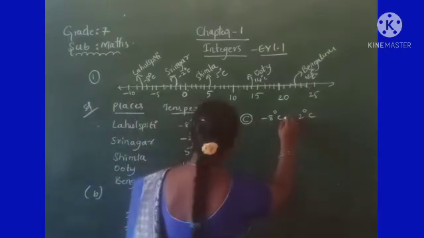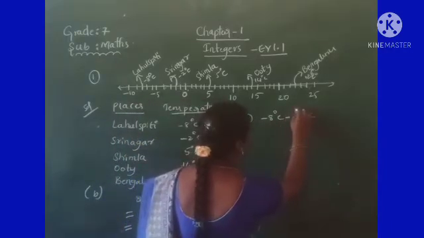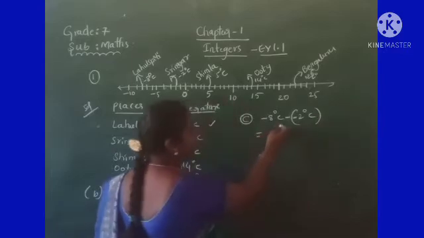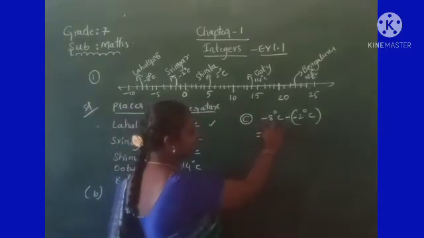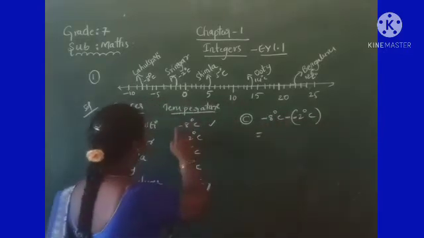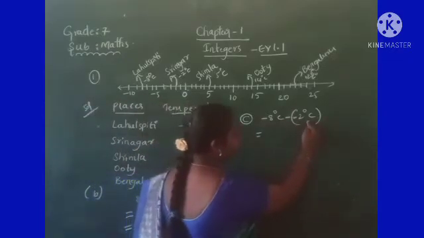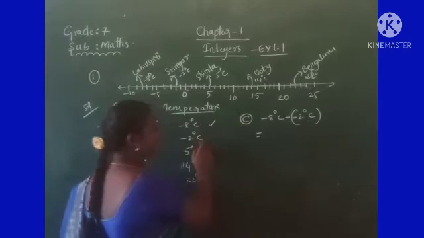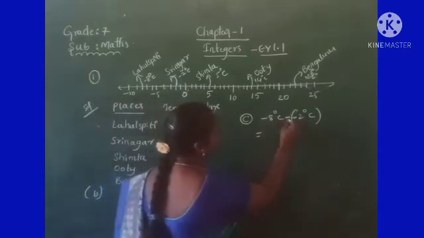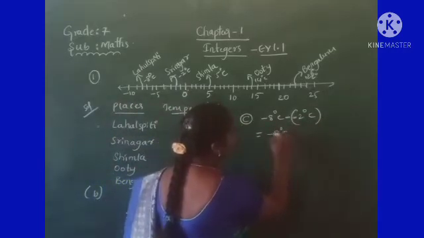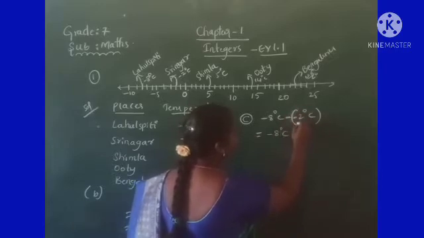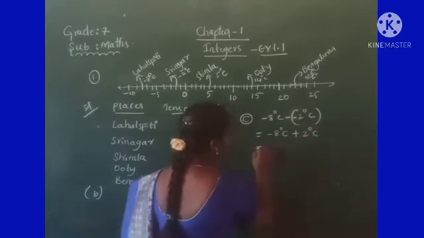Difference. Difference means minus. Like this you have to write: minus 8 degrees Celsius is the temperature of Lahul Spiti, and the Srinagar temperature is minus 2 degrees Celsius. Now simplify: minus 8 degrees Celsius, minus into minus is plus 2 degrees Celsius.